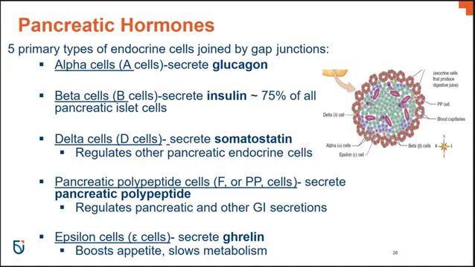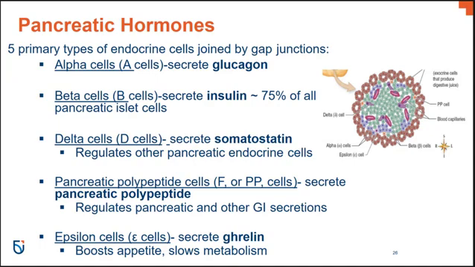Lastly, epsilon cells secrete ghrelin, which is involved in stimulating the hypothalamus to boost your appetite. So when your body wants you to eat something so that it can use the breakdown of what you eat for energy, ghrelin is a hormone that's going to stimulate your hypothalamus to encourage you to want to eat something.